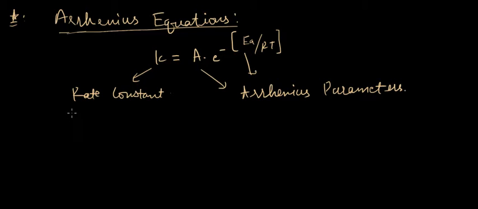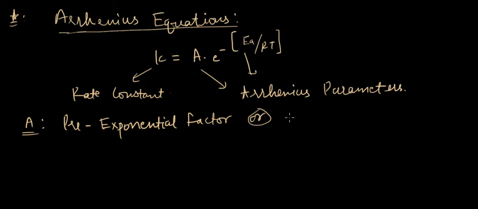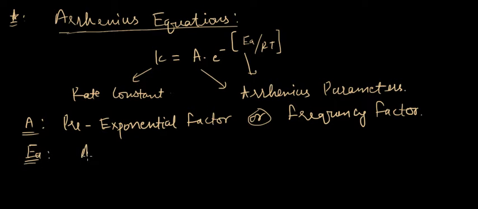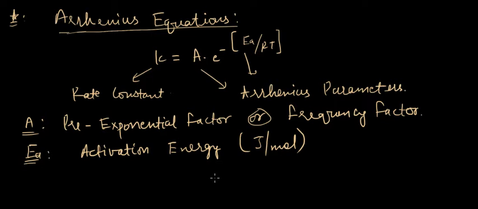A can also be called the pre-exponential factor or frequency factor, and EA is the activation energy, which can be measured in terms of joule per mole.